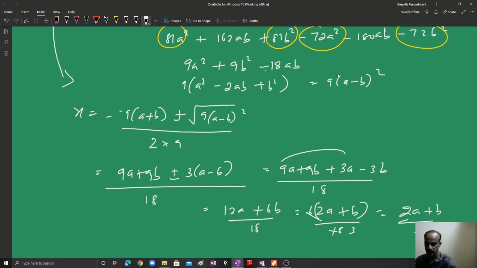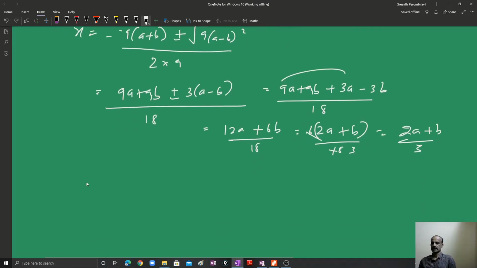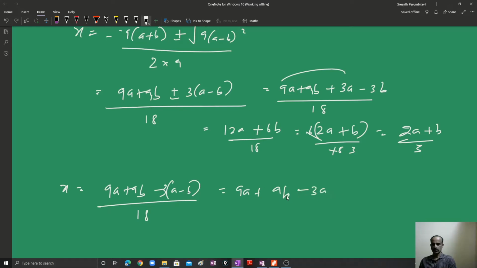First case. Second case, x is equal to 9a plus 9b. We took it plus here, now we have to take minus. That is equal to 9a plus 9b minus 3a plus 3b divided by 18.